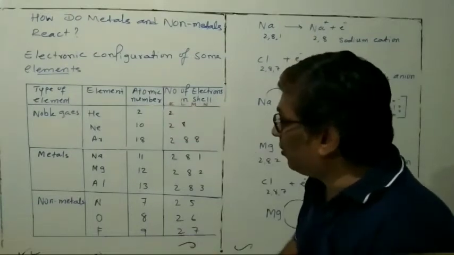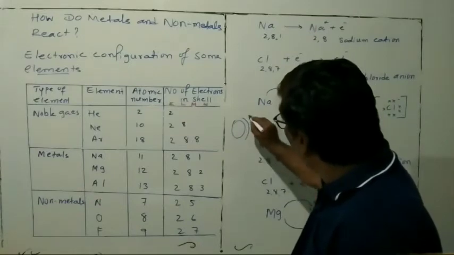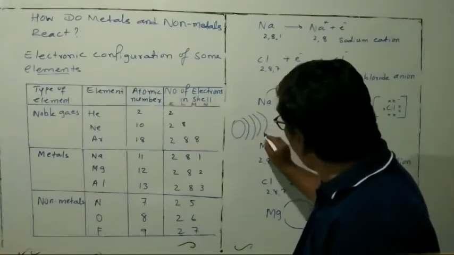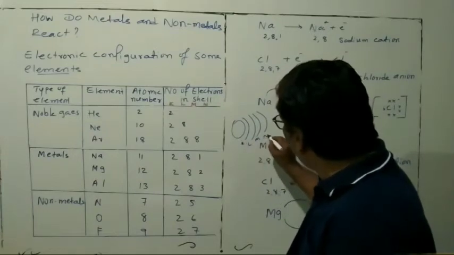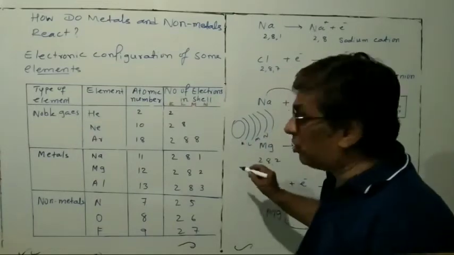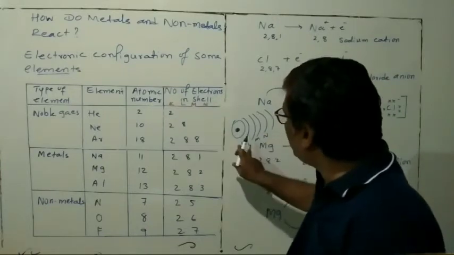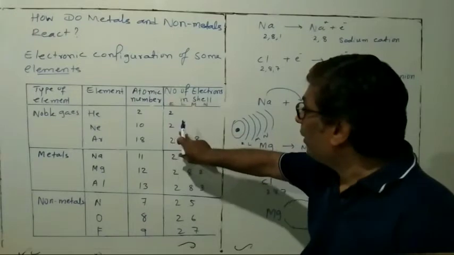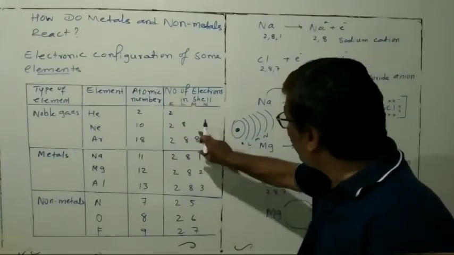You know the shells: K shell, L shell, M shell, and N, the outermost, with the nucleus in the center. In helium the K shell has 2, in neon it is 2, 8, and in argon it is 2, 8, 8, so the M shell is the outermost orbit.